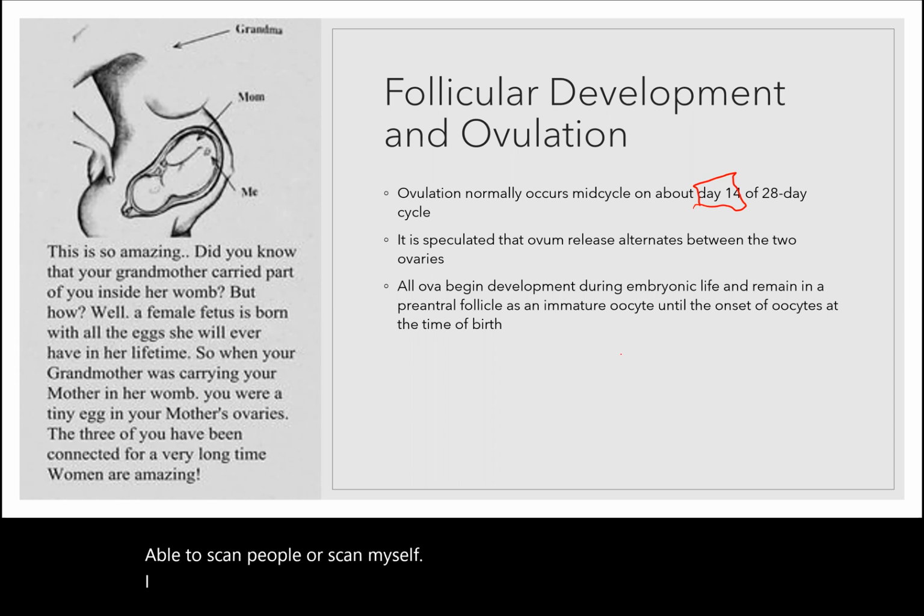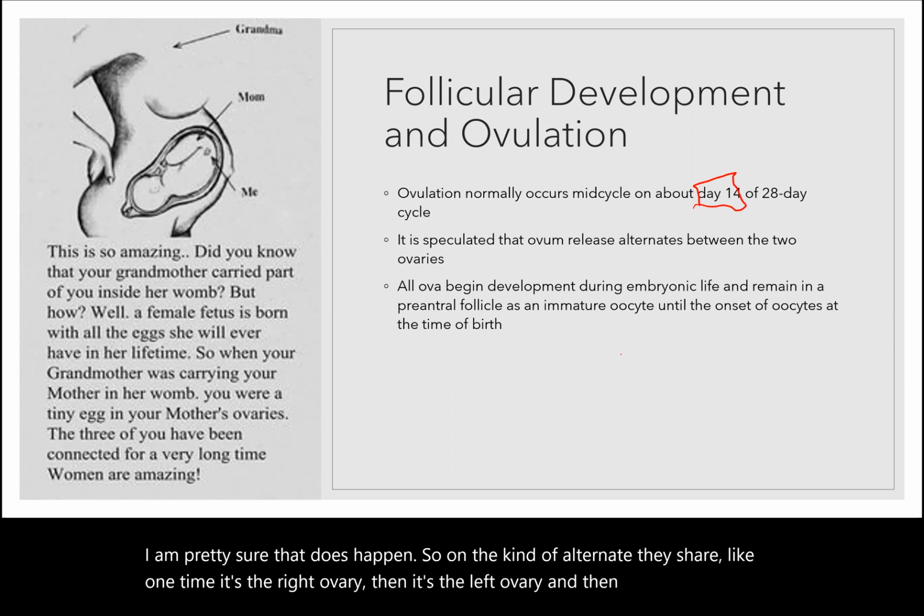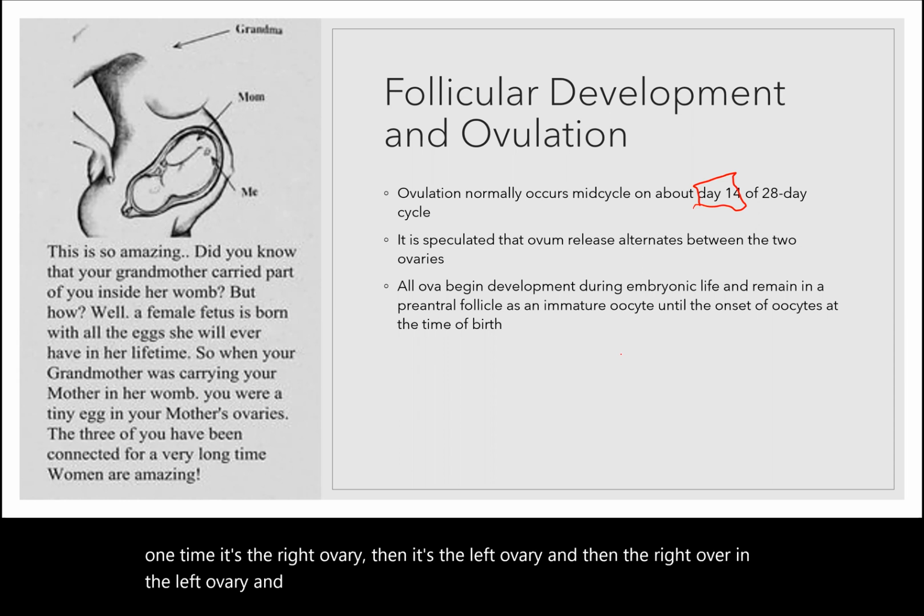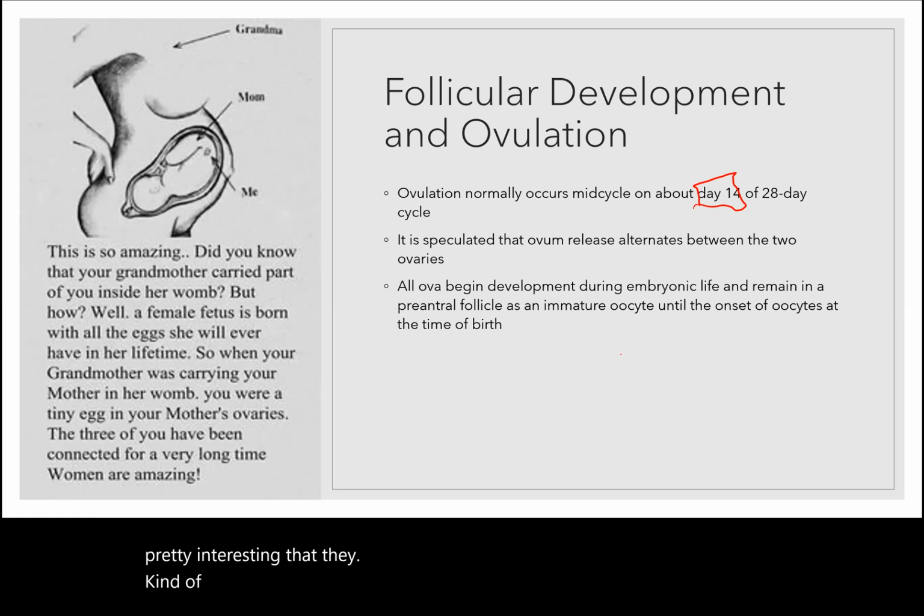So they kind of alternate; one time it's the right ovary, then the left ovary, then the right ovary and the left ovary. And as I've watched myself, that seems to be the case. So that's pretty interesting.